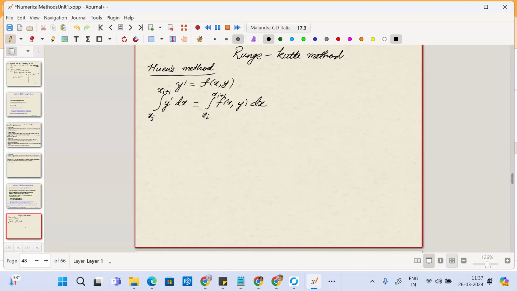We have two points, xi and xi+1, so we apply the trapezoidal rule here. Since you already know this is a uniform grid, xi+1 minus xi is the same everywhere, so that is h. This will be h by 2, as you know from the trapezoidal rule. Then what should I write next?